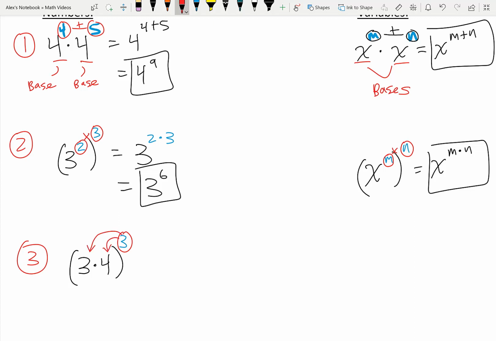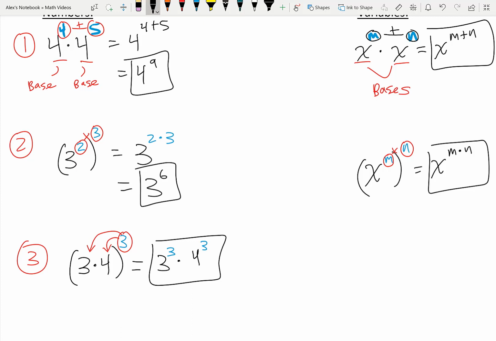Notice that every single time we have something with parentheses, it applies to everything inside the parentheses. So we can rewrite 3 times 4 to the power of 3 as 3 to the power of 3 times 4 to the power of 3. We can actually just stop there. So we get 3 to the third power times 4 to the third power. That's all you've got to remember.